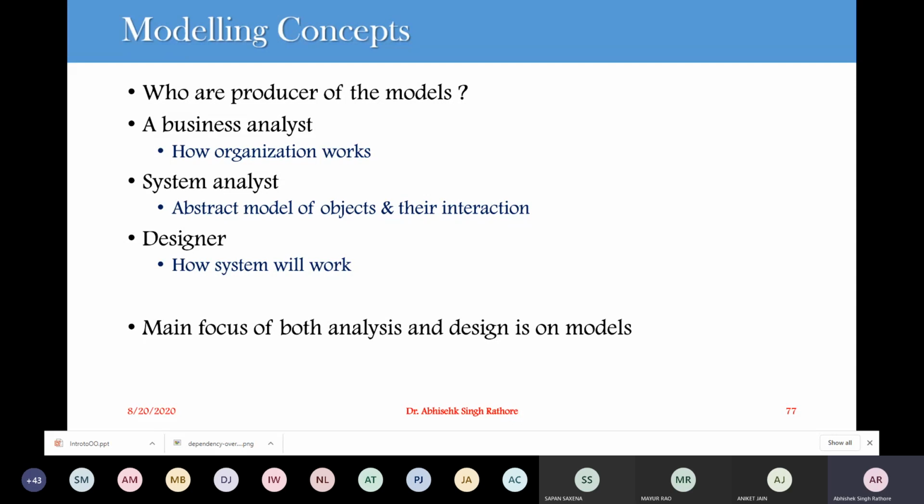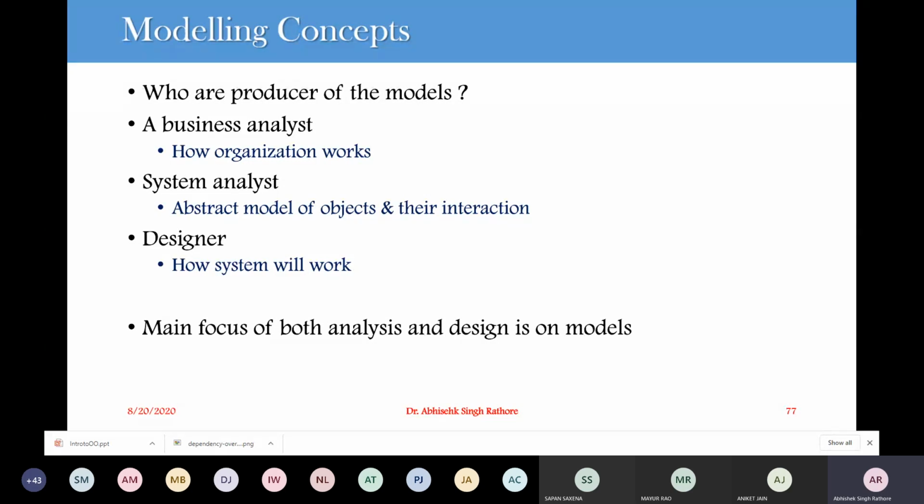The first question is who are the producers of these models? System analysts and designers produce these models for the system. A business analyst will start by producing a model of how an organization works, while a system analyst will produce a more abstract model of the objects in the business and how they interact with one another.